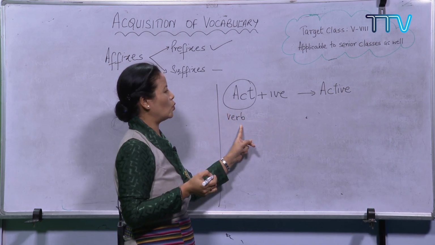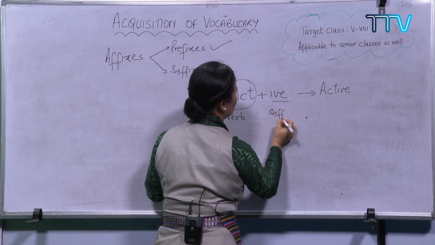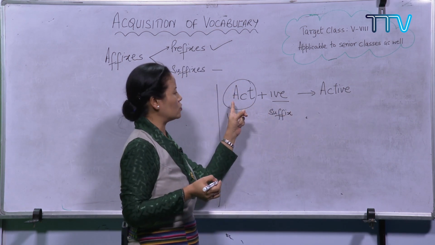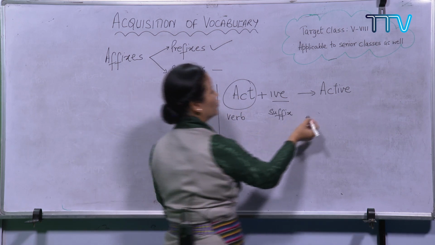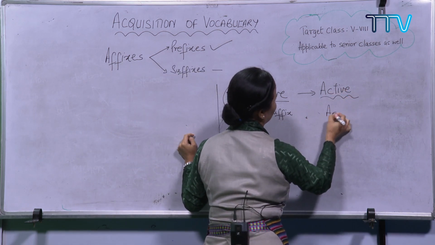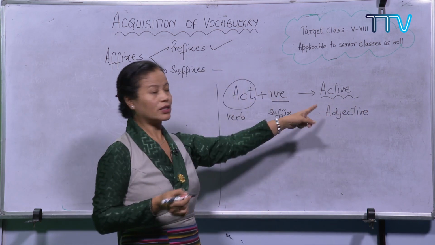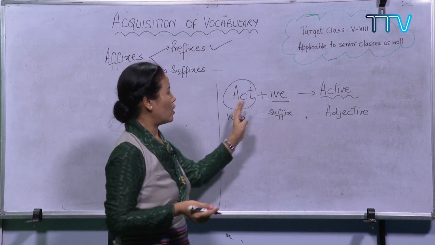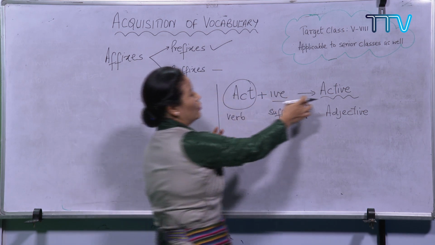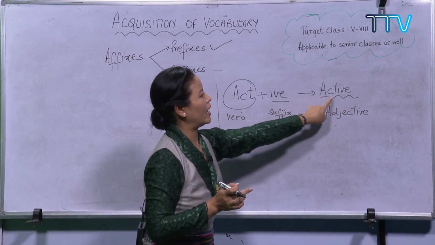So when we add this suffix IVE to the verb act, what do we get? We get an adjective, right? Now we can take the same example. We have another word called active.